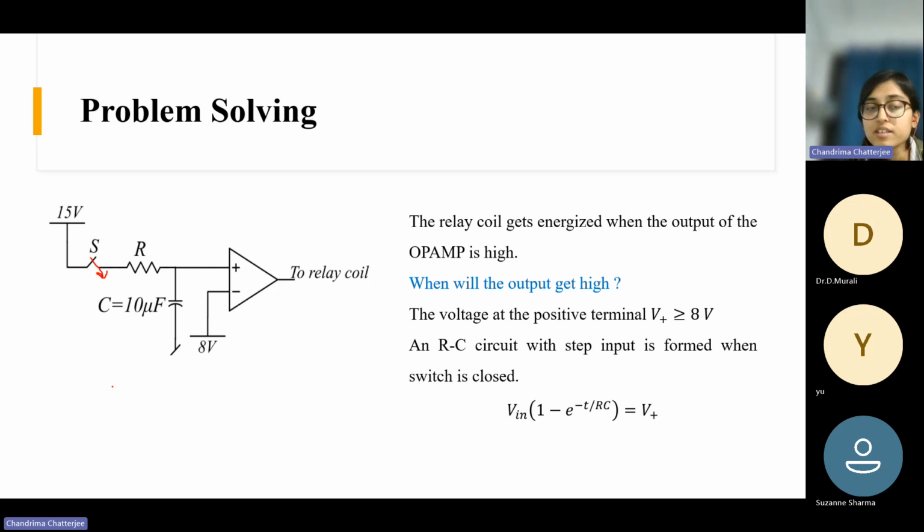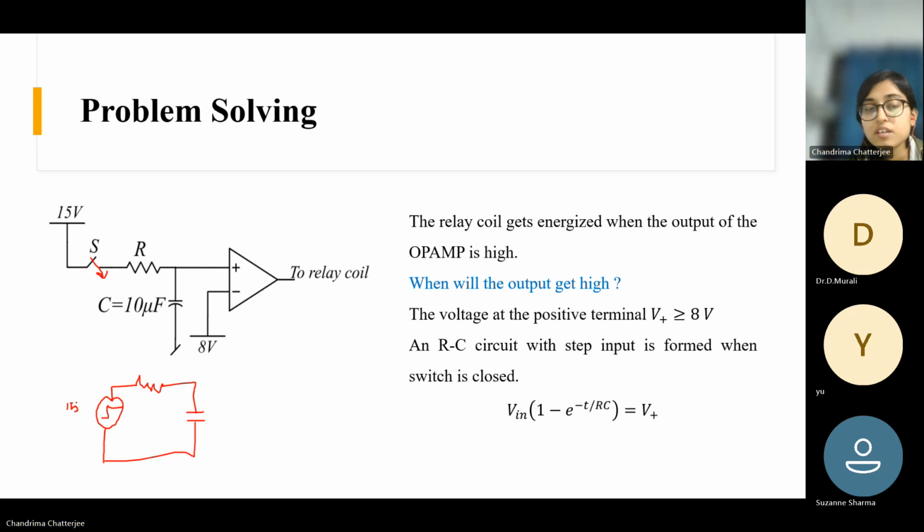So the equivalent circuit becomes one resistance and this capacitance. And here suddenly you are closing this switch, so suddenly this 15 volt appears here. So this acts as a step voltage. This is a step voltage of 15 volt you are applying here.